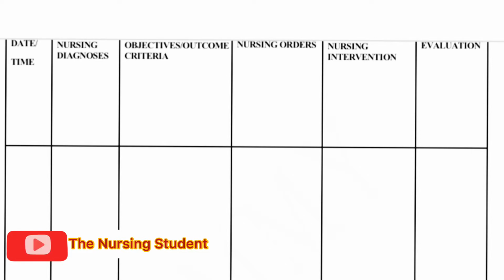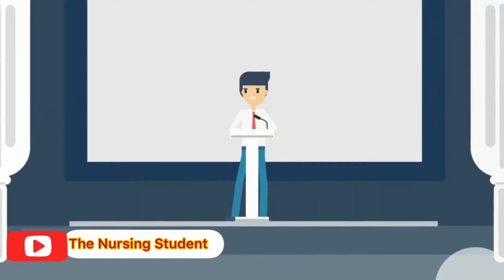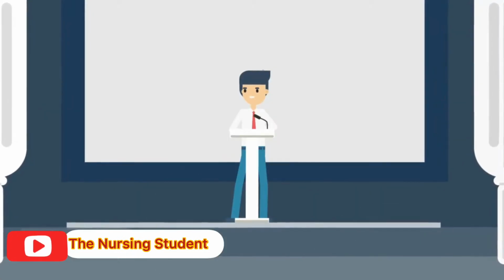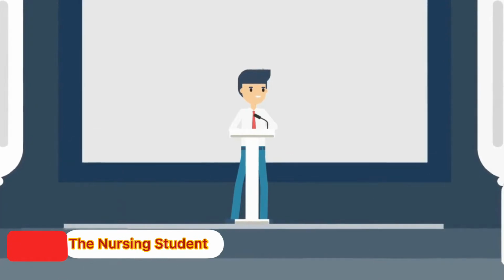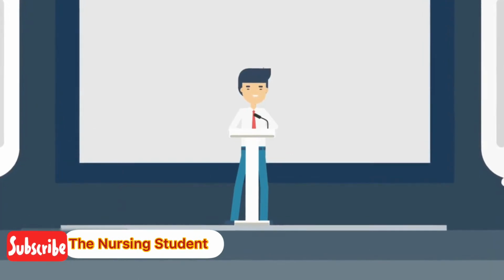Okay, so that is what we use here in Ghana. We're going to take our time and take the various components one after the other and talk about them, so that at least it gives us some understanding of what we are expecting to do when we are giving the care plan.